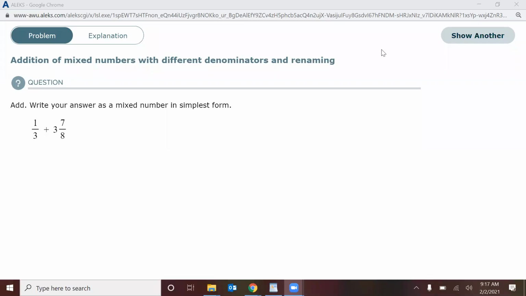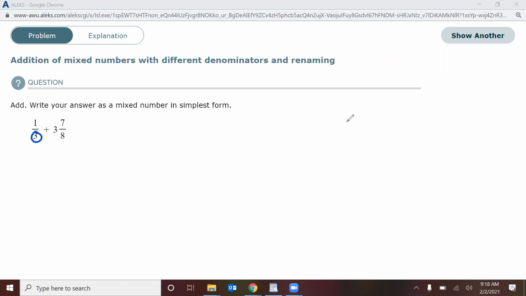Now let's work on adding together a mixed number and another number, a fraction, the 1/3, and do it when there are not common denominators. So here is what we will do. First, we must determine the least common denominator.